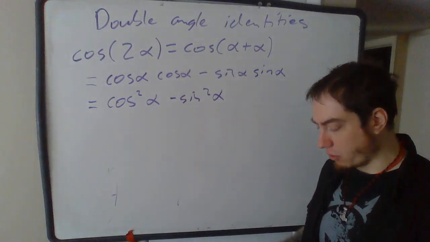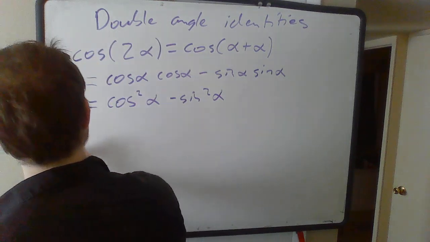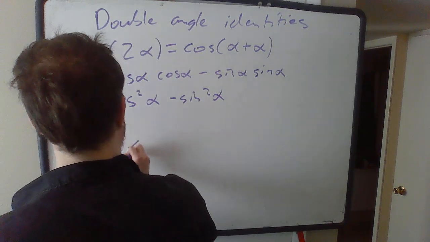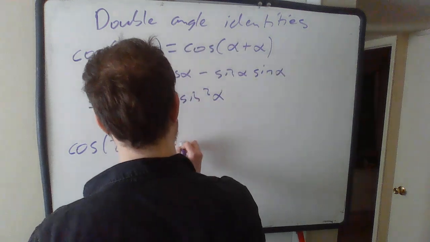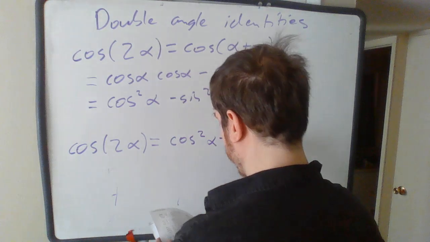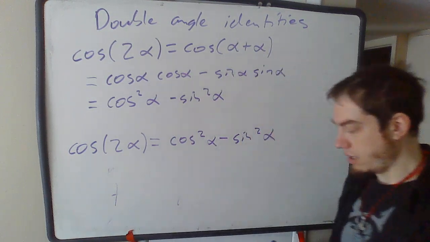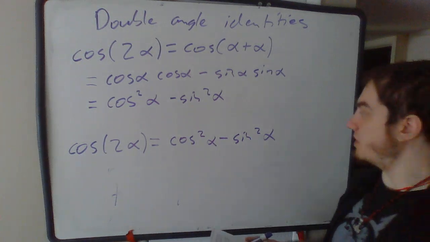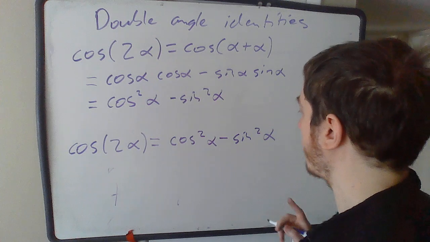So in summary, what I have found here is that the cosine of 2 alpha is equal to cosine squared alpha minus sine squared alpha. Now, there's actually a couple of different ways that I could write this, all of which are very, very useful.